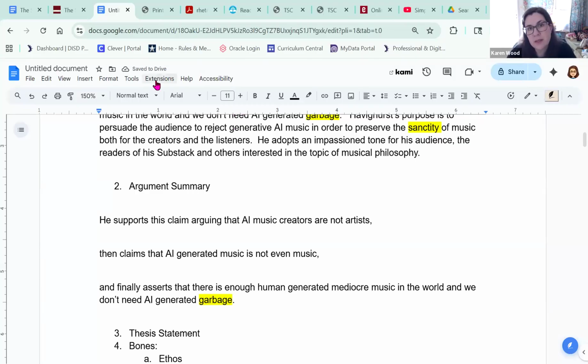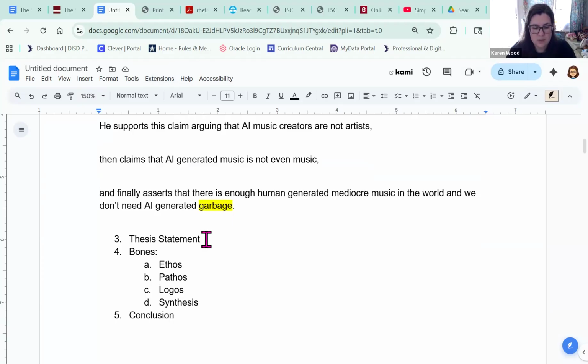Okay, so this is going to let the reader of our essay know that he is going to, I'm going to put the thesis statement in here too. I'm going to put the thesis statement first.